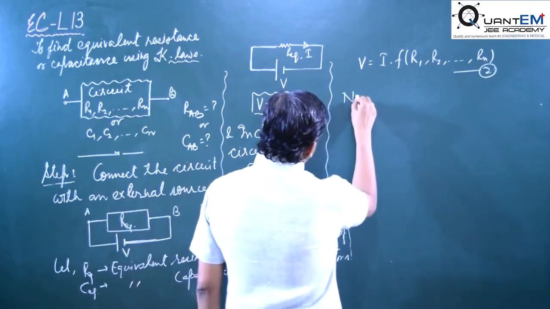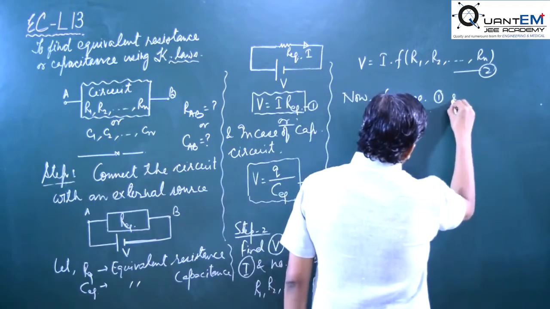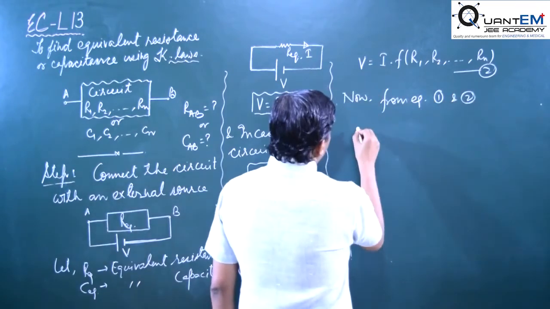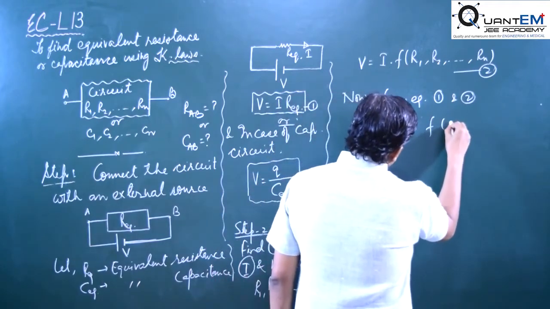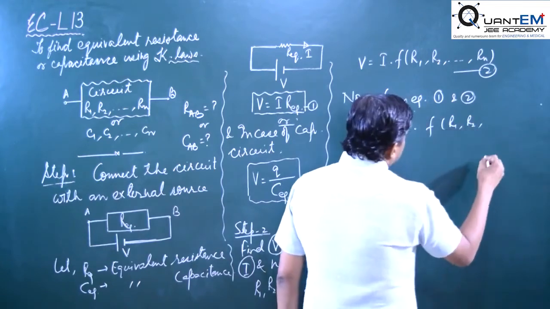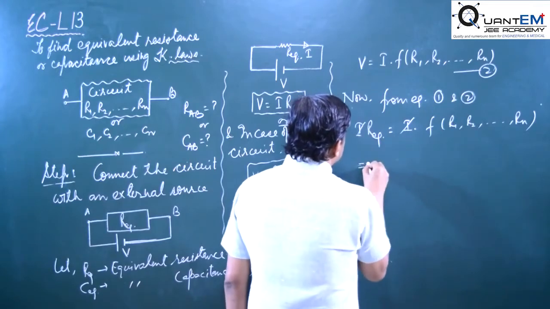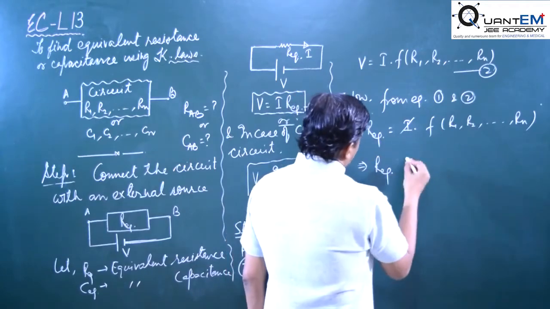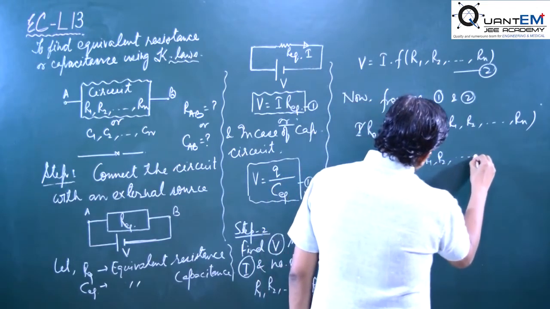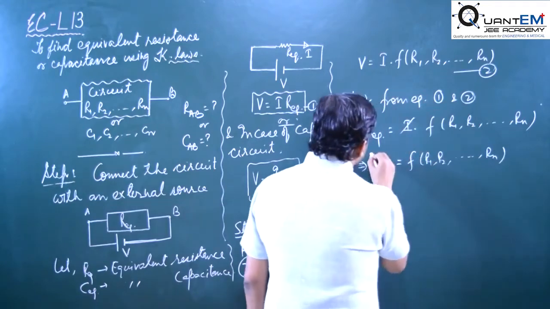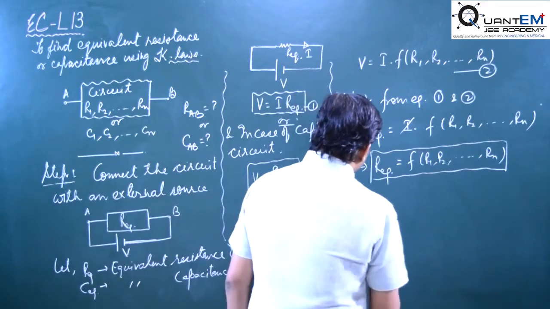Now from equations 1 and 2 we have I R equivalent is equal to I into a function of the number of resistors we have. We get the result, the value of R equivalent is equal to a function of the number of resistors. In this way we get the value of the equivalent resistance.